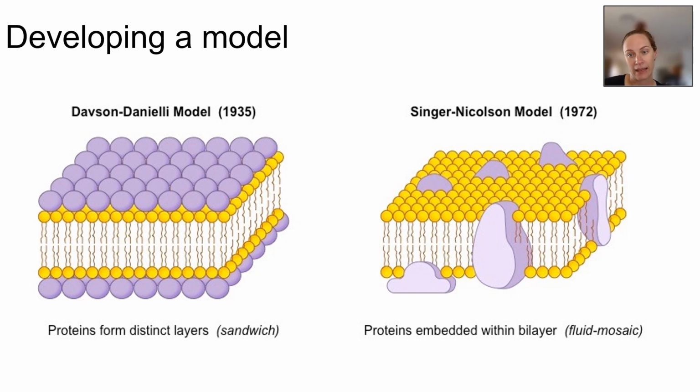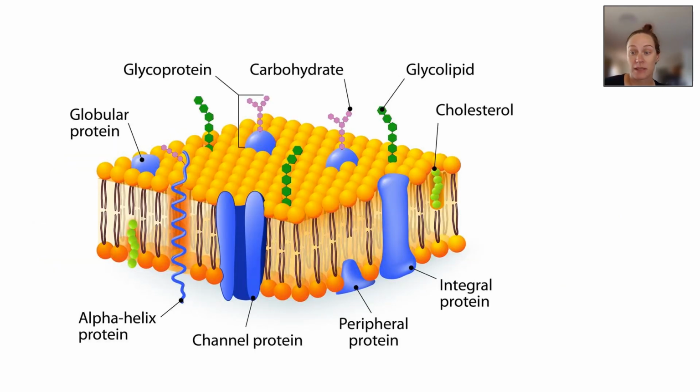So it had all the right elements, just in a different configuration. They called this the fluid mosaic model, okay? Seeing as it was pretty fluid, it moved really well, it was able to change shape and move with the cell, but it's still made up of those components all sitting side by side. This is the model of the cell membrane that we can confirm and hence we use today, and you'll see a lot of these kinds of pictures.